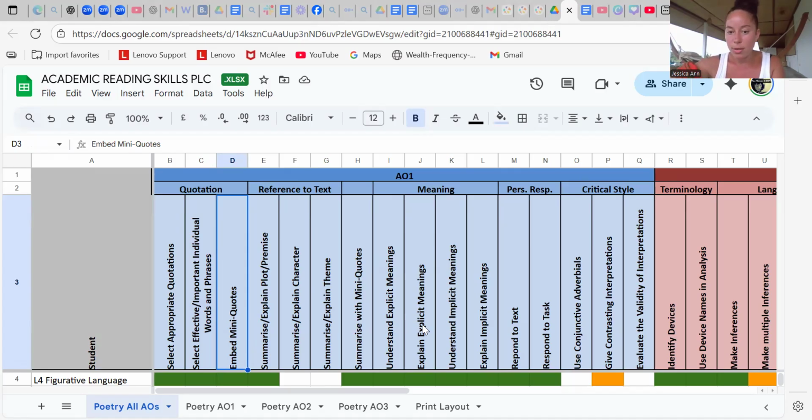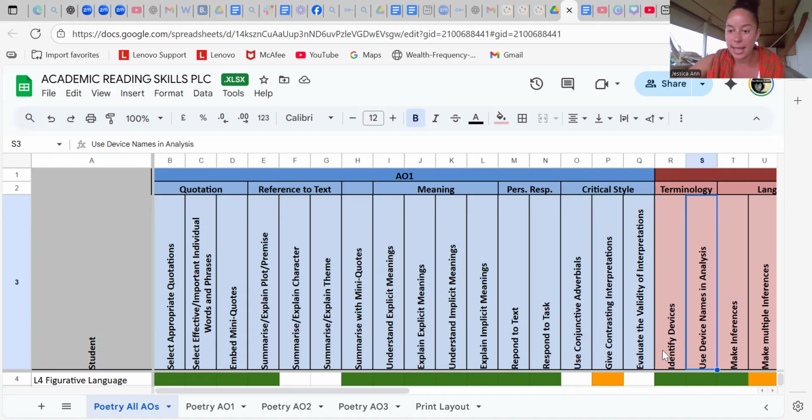Again, we've broken it down so that when a child produces a piece of work, we can highlight exactly where they are meeting the specific skills, which suddenly makes the learning visible for them. It makes it very clear, not only for their progress, but also on where they are meeting the mark scheme and where they need to improve their response.